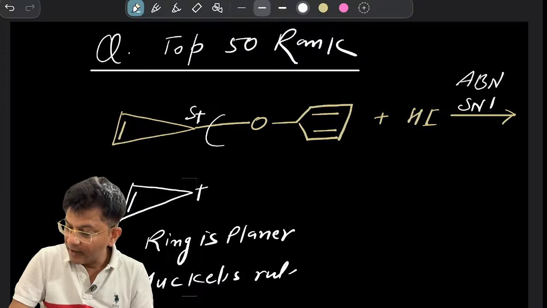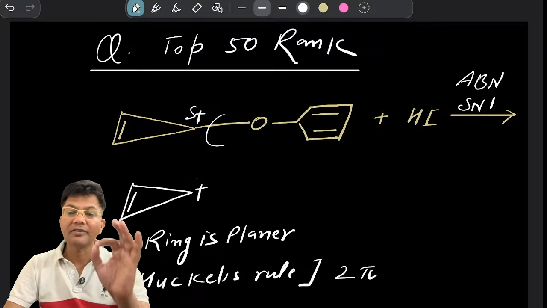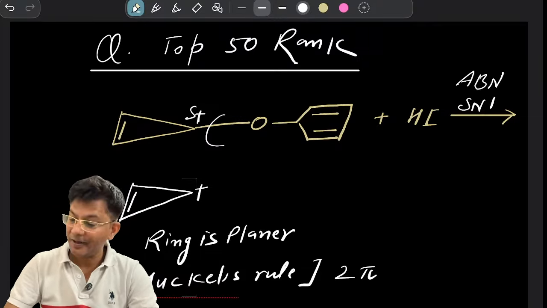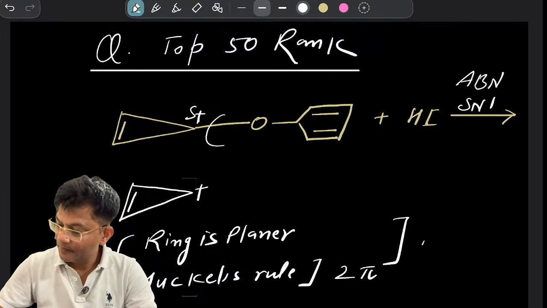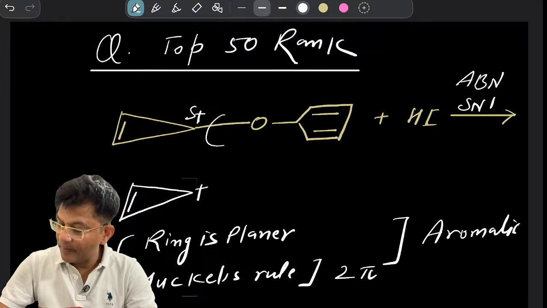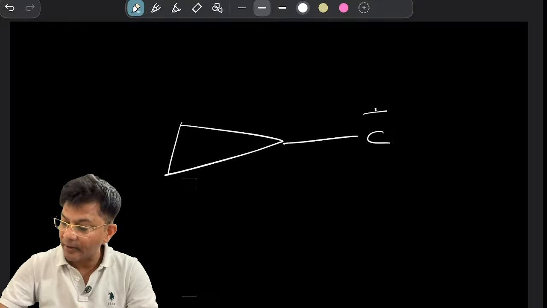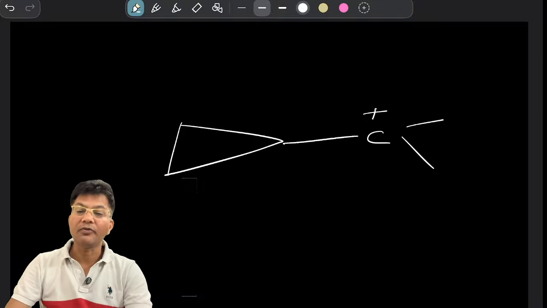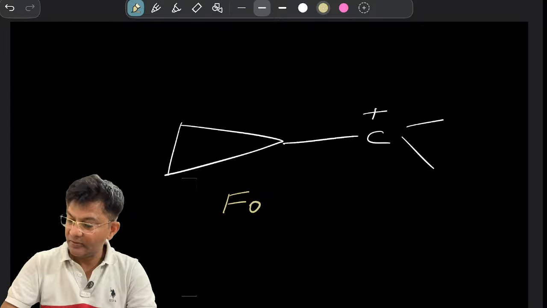Why? It has 2 pi electrons. So aromaticity is there. It is aromatic. Got it? Always remember that for dancing resonance, the compound should have this cyclopropyl and a carbon here. This is required for dancing resonance, a necessary condition for dancing resonance.